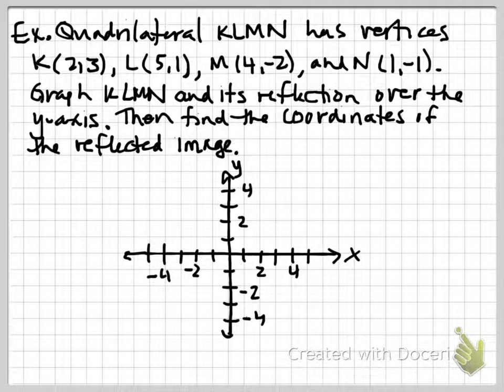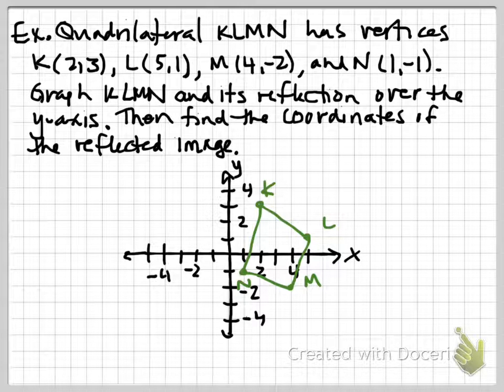So let's make KLMN. So we're at (2, 3) is the pre-image K, pre-image L is at (5, 1), pre-image M is at (4, -2), and pre-image N is at (1, -1). So we connect those up.